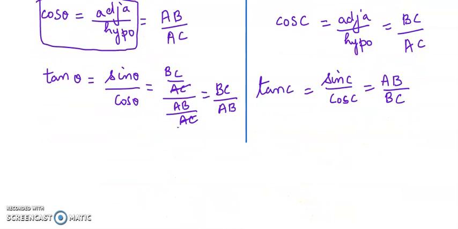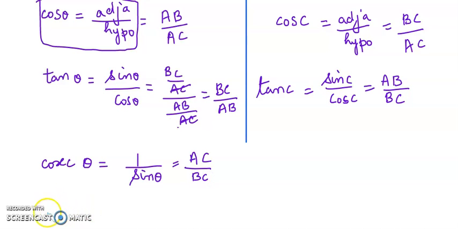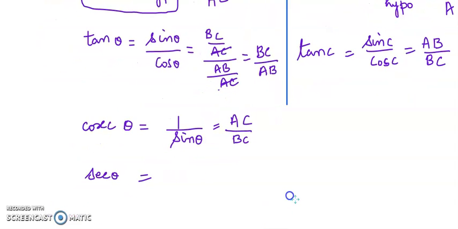Now, the next 3 ratios are just the reciprocal of these 3. What do I mean by that? Cosec theta is 1 upon sin theta, the reciprocal of sin theta, which is AC upon BC. Sec theta is the reciprocal of cos, which is 1 upon cos theta. In this case, it is AC upon AB.